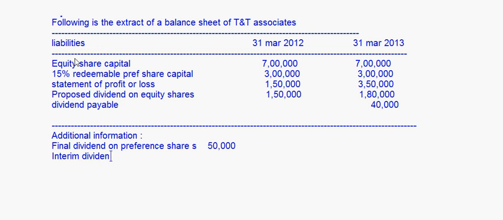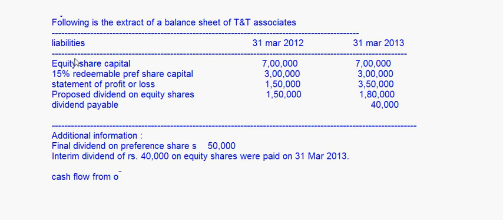Interim dividend of rupees 40,000 on equity shares were paid on 31st March 2013, right? Fine. Now from this you have to calculate the cash flow from operating activities.